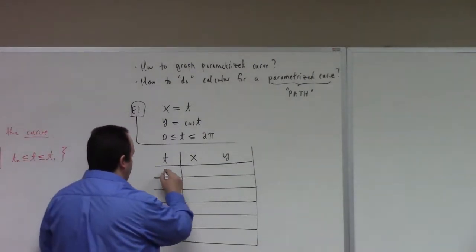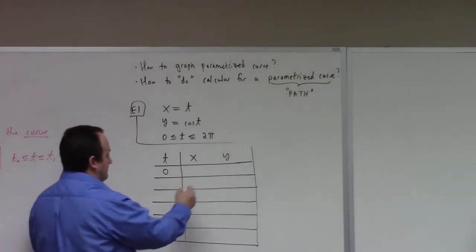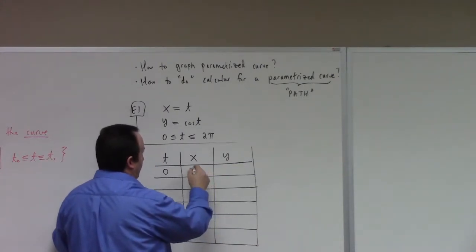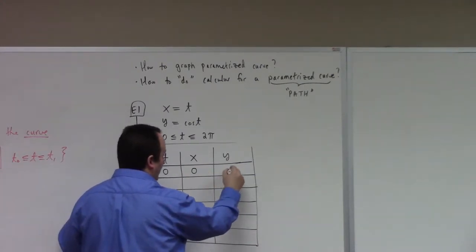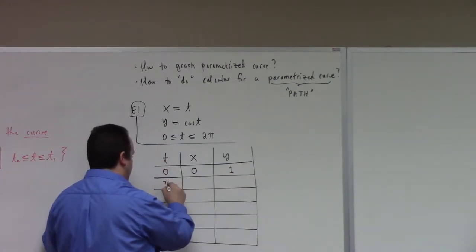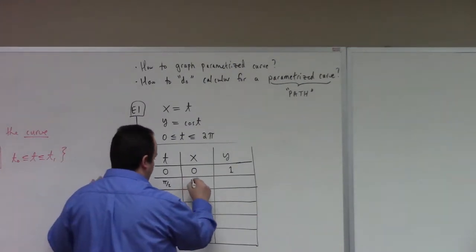We start at 0, right? Time 0. I plug time 0 into x, what do I get? I get 0, right? What's cosine of 0? Cosine of 0 is 1. Now I get to pi over 2. T equals pi over 2. X is pi over 2.